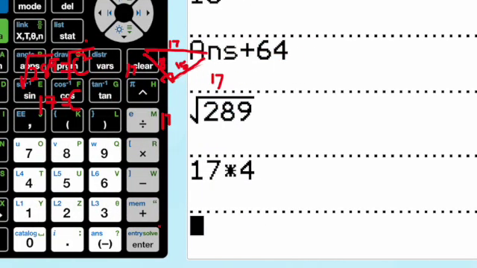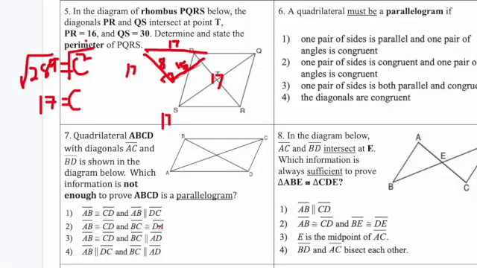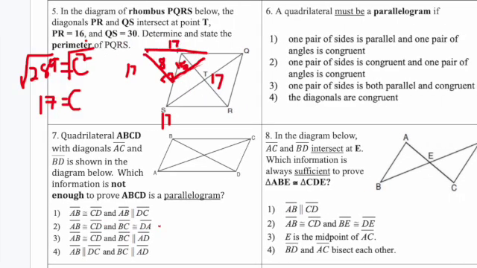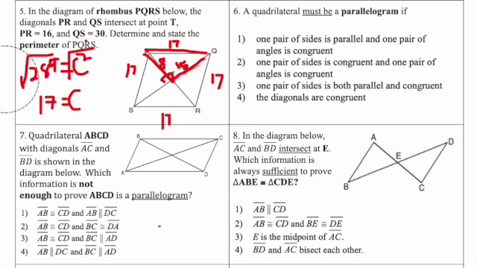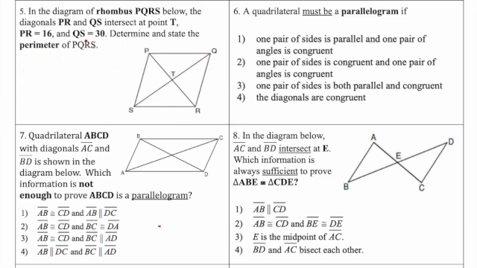Let's run a calculator. So the perimeter is 68 units.